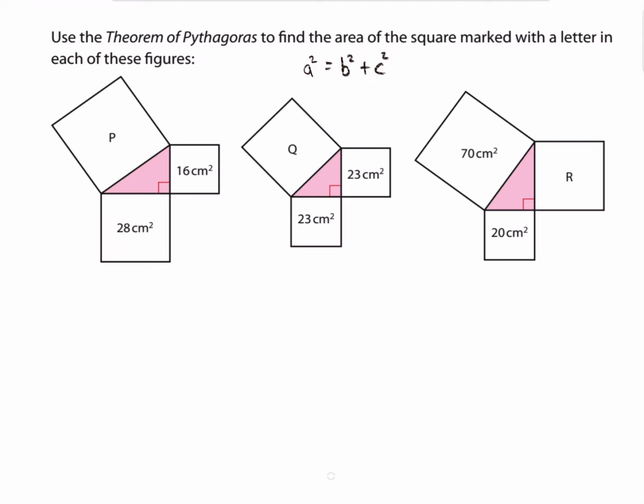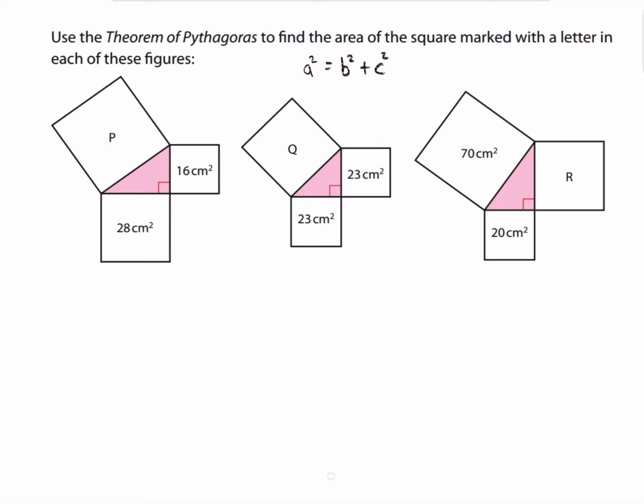So A is the hypotenuse and B is one of the other sides. It doesn't matter which for the moment. And C is one of the other sides as well. So what I want you to do is pause the video, quickly sketch these out, and then label which of these is A, B, and C in each of the triangles.